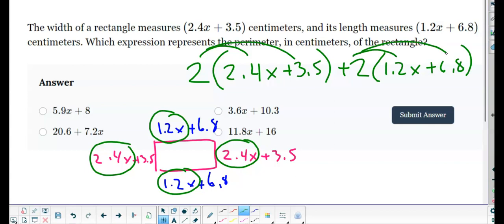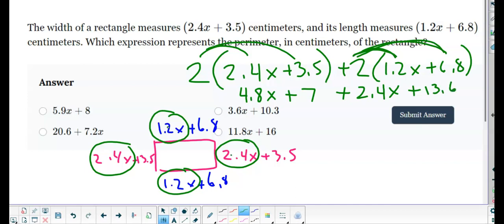So 2 times 2.4 is going to be 4.8 with an x, and 2 times 3.5 is going to be 7. And over here I've got 2 times 1.2, which will be 2.4 with an x, and 2 times 6.8, which will be 13.6.